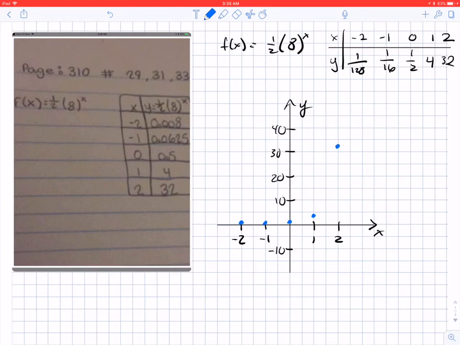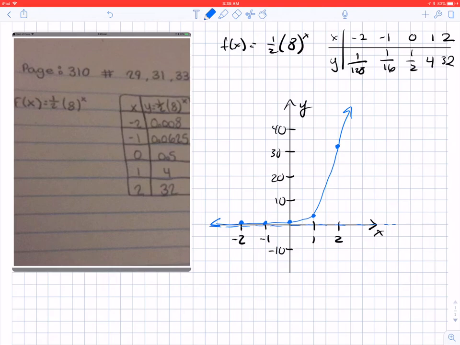Okay. So what you see here, this is the general shape of exponentials. They tend to start off, and they typically have a horizontal asymptote like that. They get really, really close to 0, provided you don't move up or down, but they don't cross.